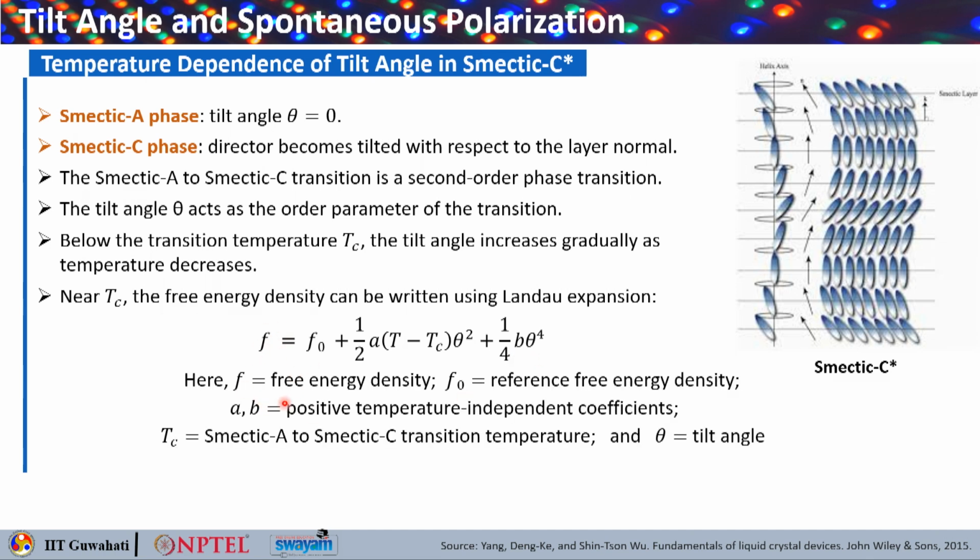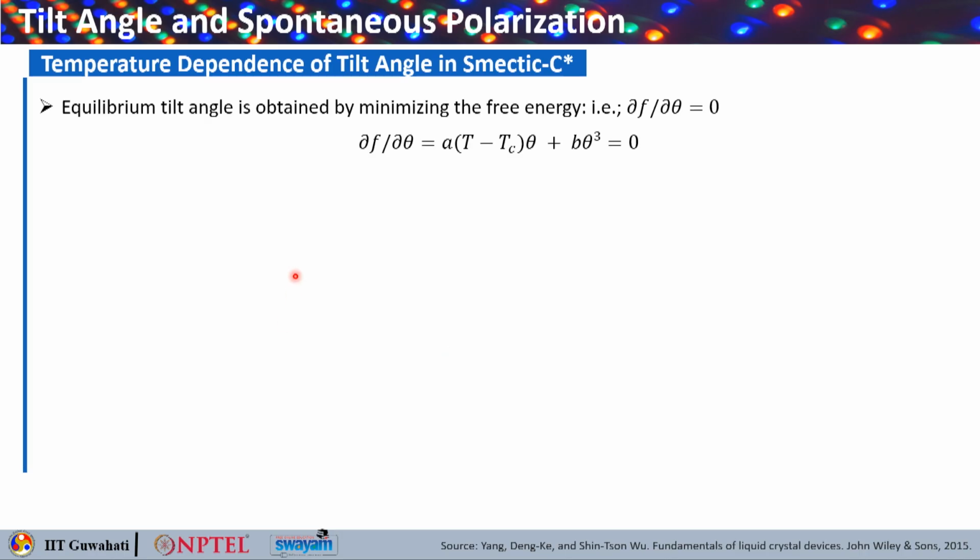Here F is the free energy density, F naught is the reference free energy density, A and B are positive temperature independent coefficients, Tc is the smectic A to smectic C transition temperature, and theta, you all know, is the tilt angle.